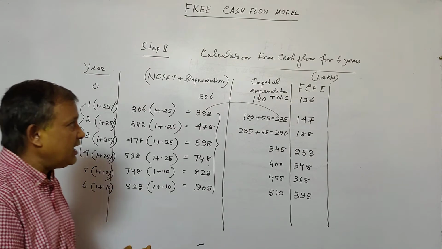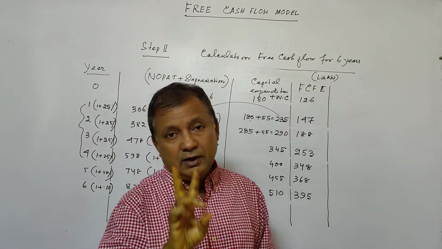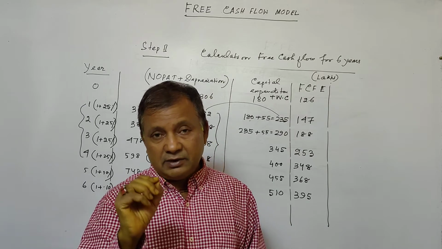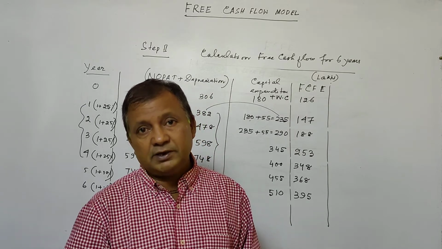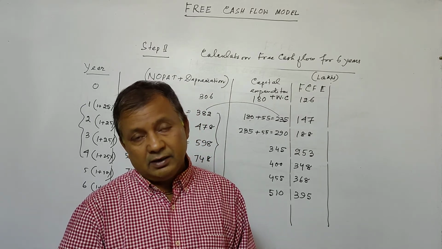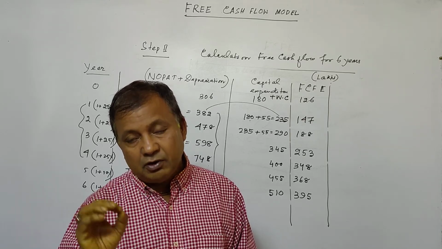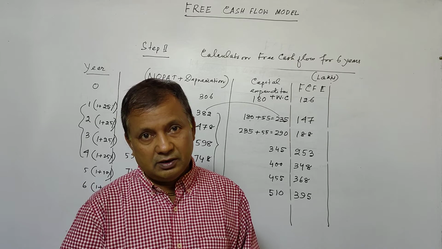Now in the third step we shall calculate two things. First, discounted cash flow for present value. Again, discounted terminal value of cash flow.